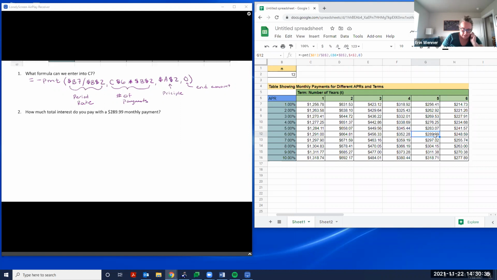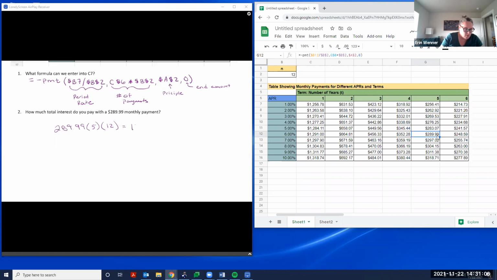So $289.99. We know that we're making it for 5 years at 12 months per year. So you could easily just shorten this to 5 times 12, which would give us 60. But in order to calculate interest, we first have to calculate what is our total that we're even paying. So we take 289.99 times 5 times 12.